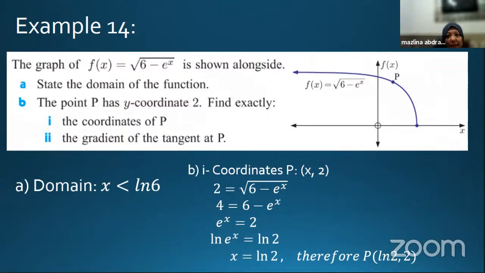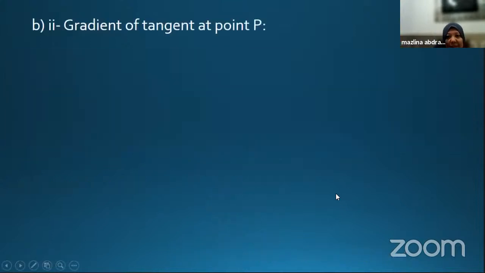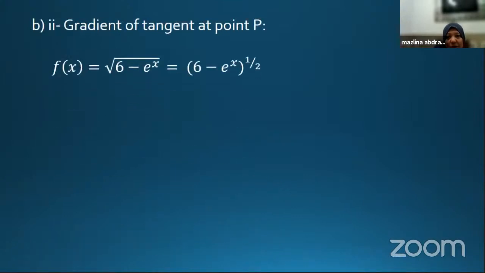Dapat tak yang lain? Tak dapat. Okay, look at this ya. The gradient of the tangent, kita write in terms of this. Square root of 6 minus e to the power of x adalah 6 minus e to the power of x to the power of half. And then when you differentiate, you will have half times 6 minus e to the power of x to the power of negative half.